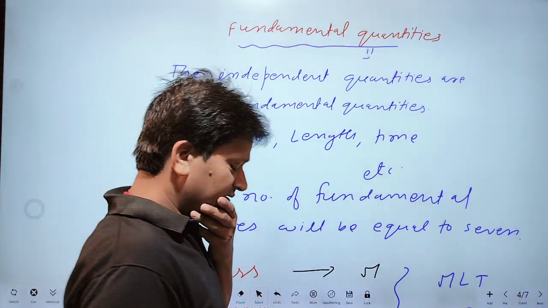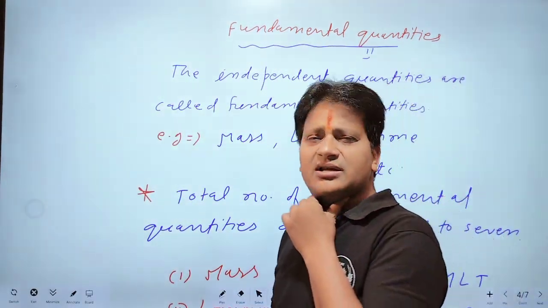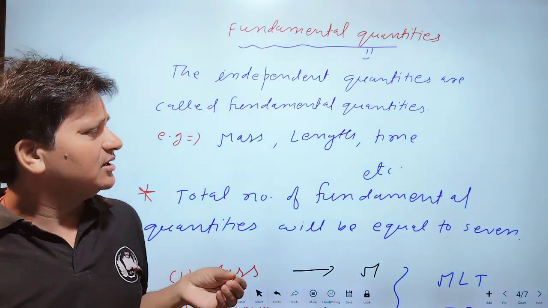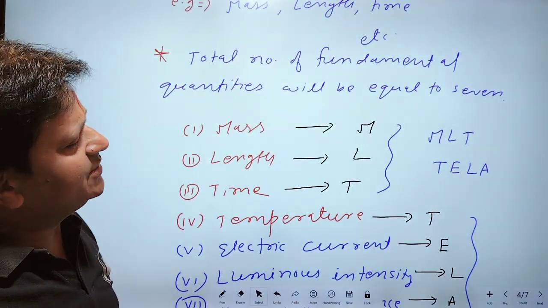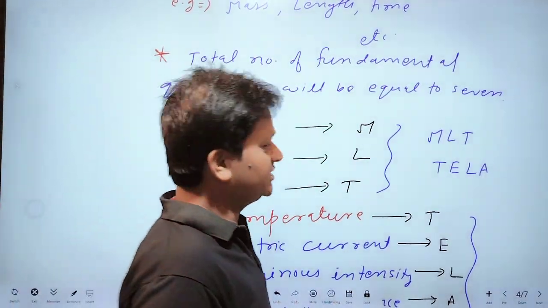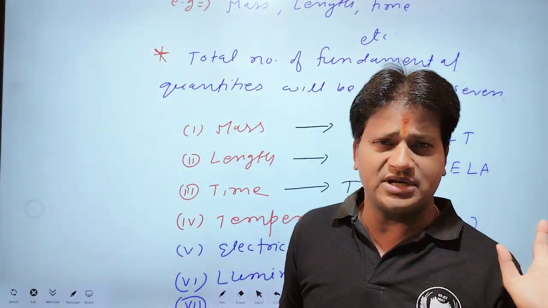And there are 7 fundamental quantities which are MLT Taylor. M for mass, L for length, T for time, T for temperature, E for electric current, L for luminous intensity, and A for amount of substance. Okay.